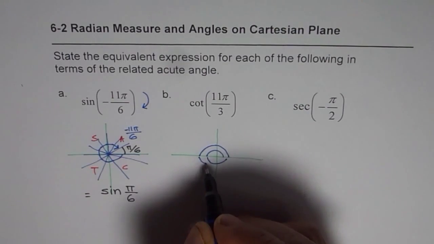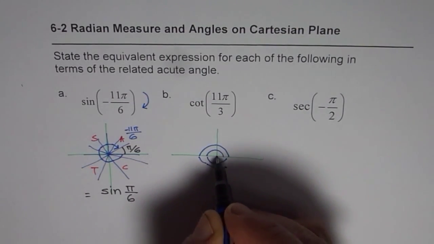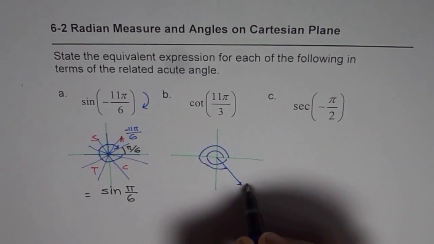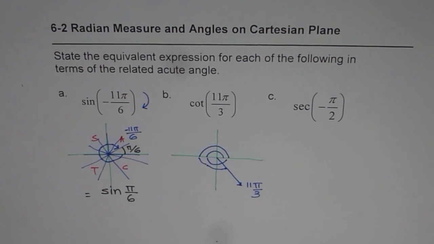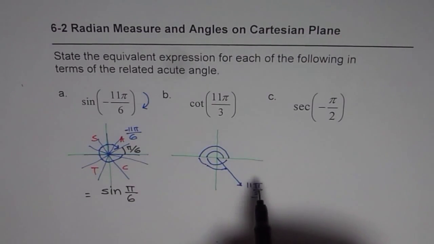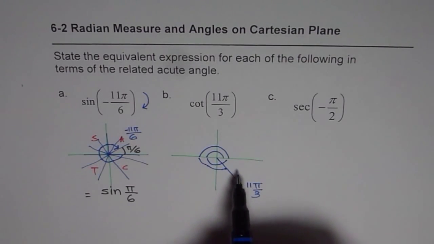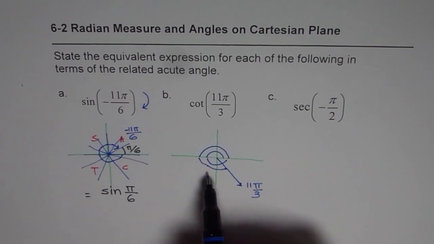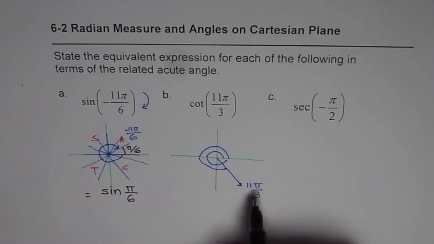That means 10 and 11. So you are here. So that is 11 pi by 3, right? Or you could say 12 pi by 3 will be 2 full circles. So it is 1 less than 12.